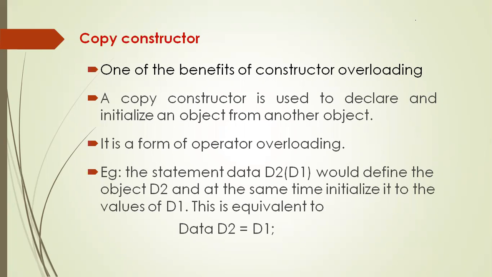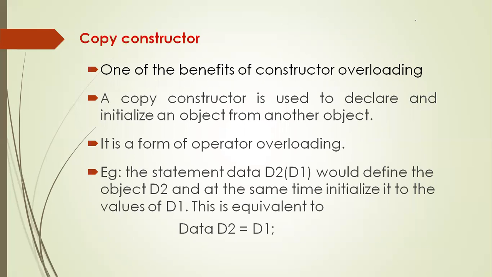So here, when an object is created, the constructor of that object is executed. Then using that object, we are initializing another object. So it is similar to assigning the content of one object to another object, but instead of using the assignment operator, we are assigning the values of one object to another object using copy constructor.